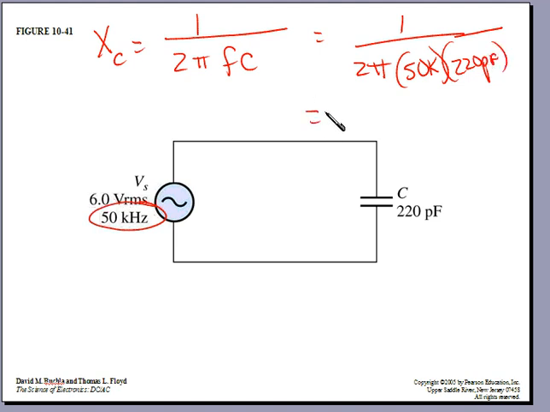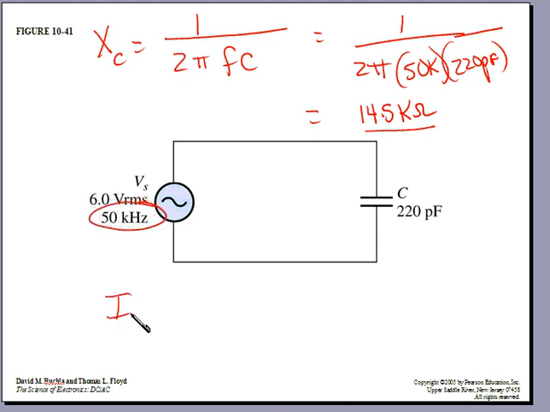So the reactance here is going to be 6.28 times 50K times 220 pico. 1 over x comes to about 14.5K. So this capacitor is exhibiting an effect of about 14.5 kiloohms.